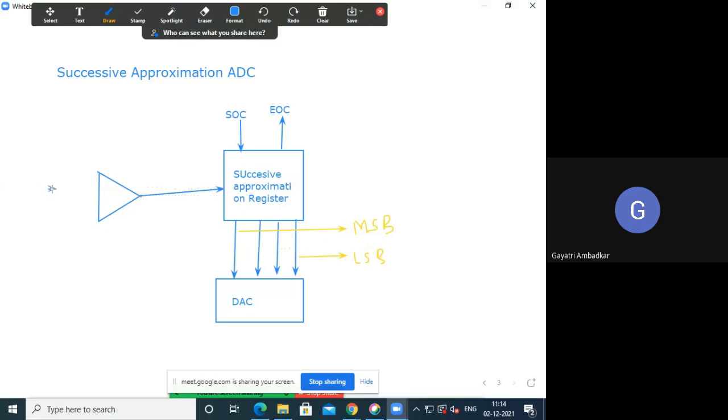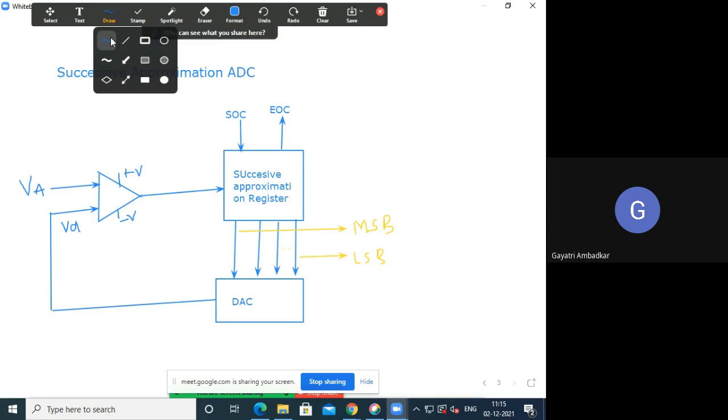This comparator is receiving two signals. One is the output from the DAC. The output of the DAC is given to the comparator. Let's call this VD. And at the other end of the comparator, we are giving the input analog signal, the signal which we want to convert into digital. All the comparators must be given supply voltage. In the block diagram, no problem if you forget to give it.